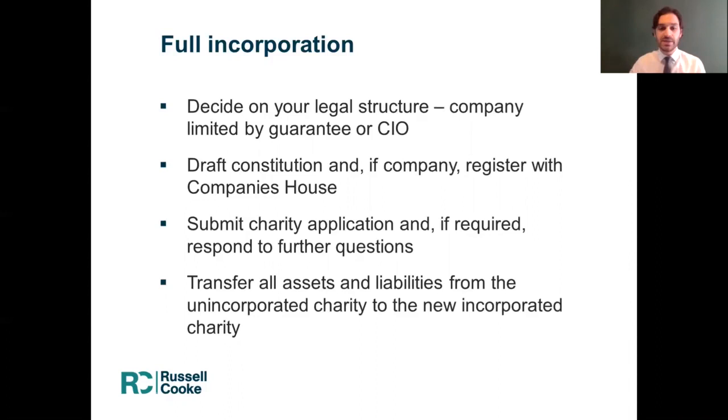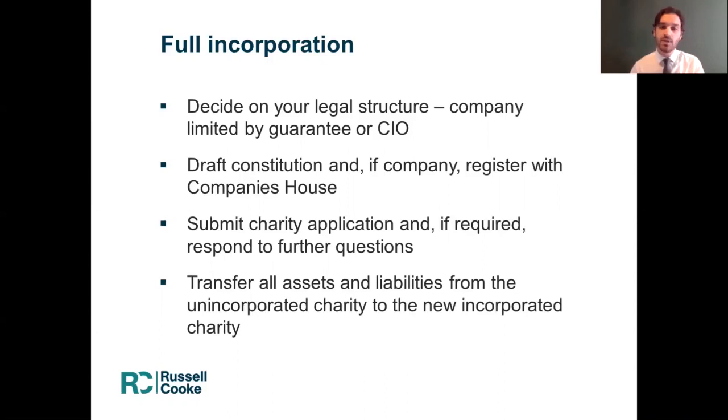There are several similarities between those types of legal structure, the company and the CIO. The most important one is they're both incorporated. They both give the charity the benefit of incorporation and the separate legal personality that comes with those types of legal structure. They're also both two-tier governance structures.